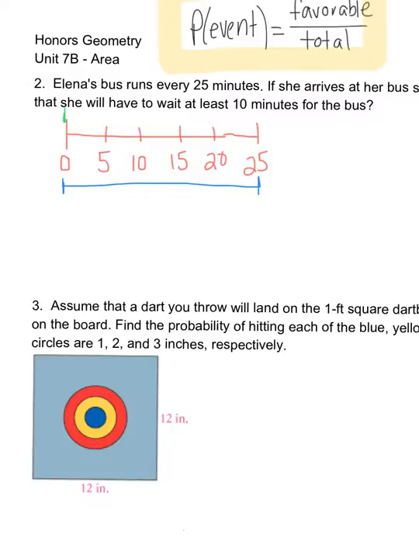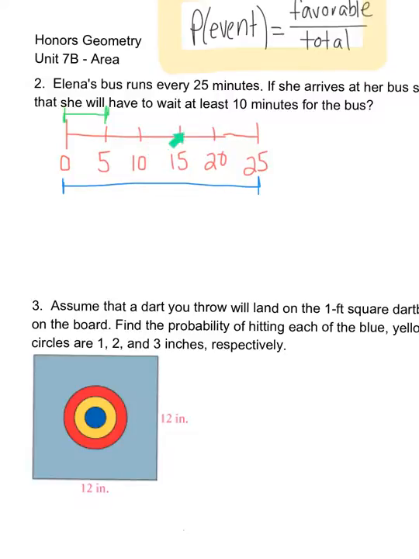If we go up to 5 minutes, she has all of this time to wait for the bus, again at least 10 minutes. If we go the whole way to 10, she still has this 15-minute span to wait, so again that's at least 10 minutes.